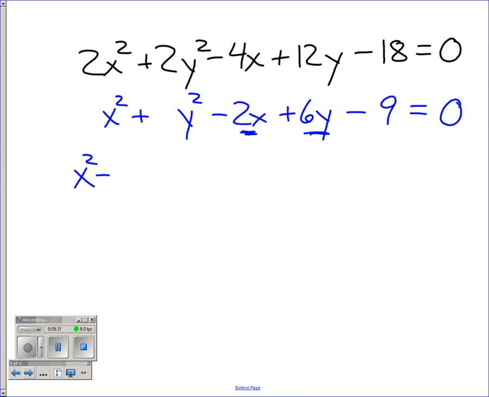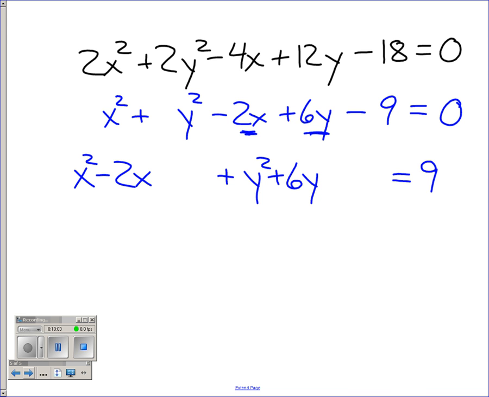X squared minus 2x, skip a little space, plus y squared plus 6y, skip another little space, and then I'm going to move the minus 9 to the right and get equals 9. Okay? What we're trying to do is get some x plus or minus something squared underneath here, a y plus or minus something squared, and then the number on the right. Well, we've got the number over there.